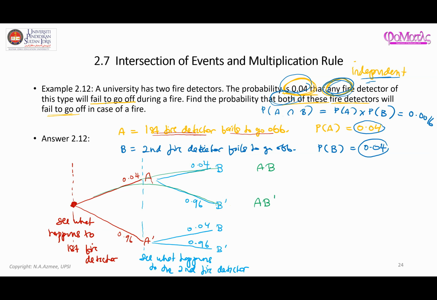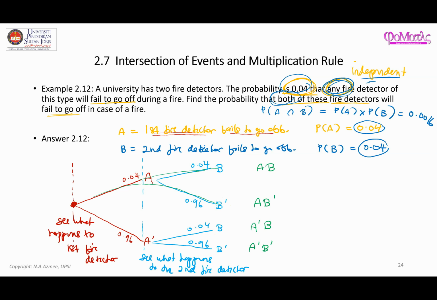This one is the combination where the first fire detector works, but the second fire detector fails. And this one is the event where both fire detectors are working well.